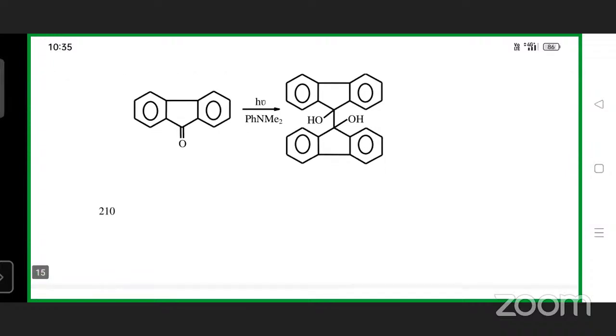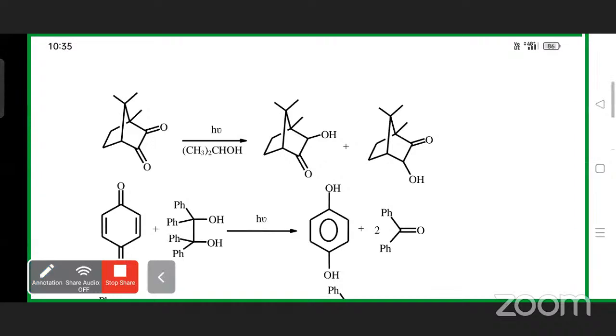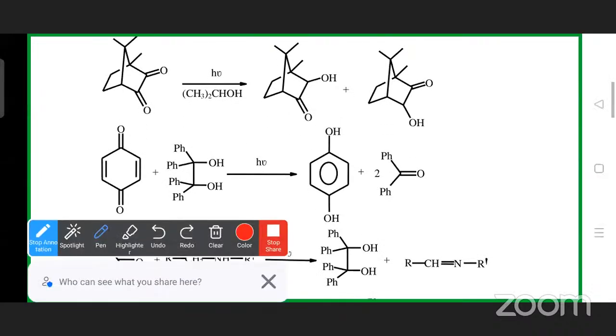Not only this protection, all reactions like carbonyl compound photochemistry are very, very important from the exam point of view and also in CSIR. In the CSIR they will give, and you have to find out the suitable product like that.